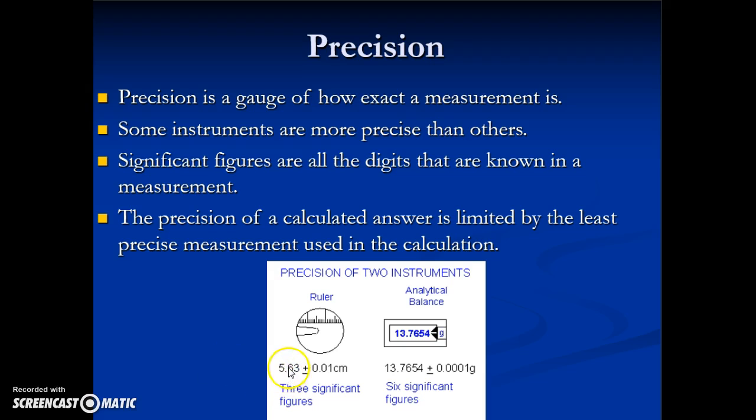And so there are 1, 2, 3 numbers that you know for sure about that measurement. On the other hand, an analytical balance, being a rather sensitive and expensive piece of equipment, has 6 significant figures, all the way out to 10,000ths of a gram. So this is a more precise measurement, although it's not necessarily more accurate.